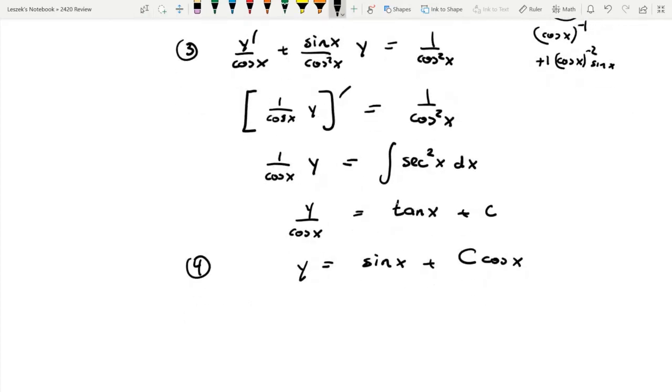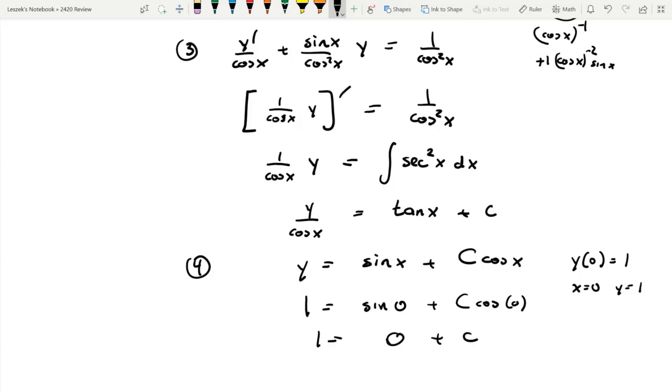Right, if you have an initial condition, let's say y of 0 equals 1, that's easy enough to get a particular solution. x is 0, y is 1. So it looks like C is equal to 1.